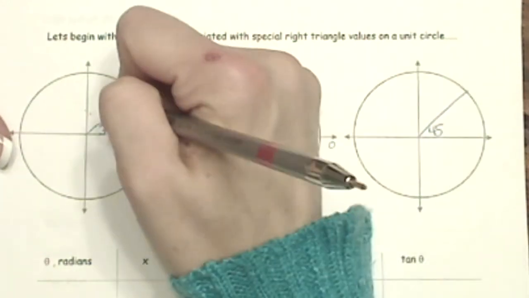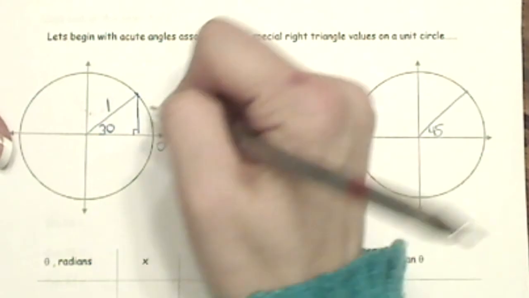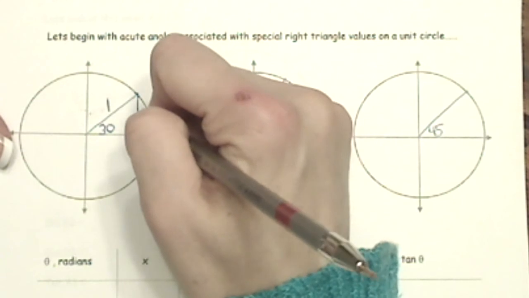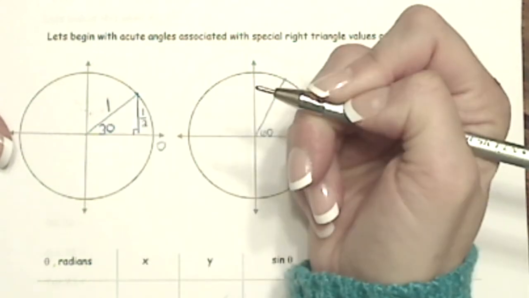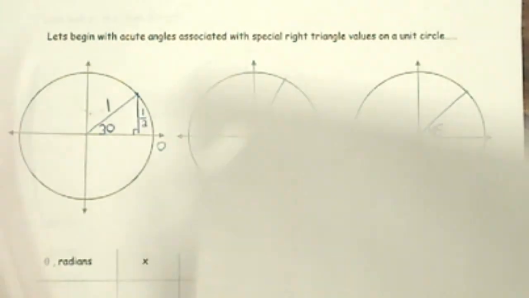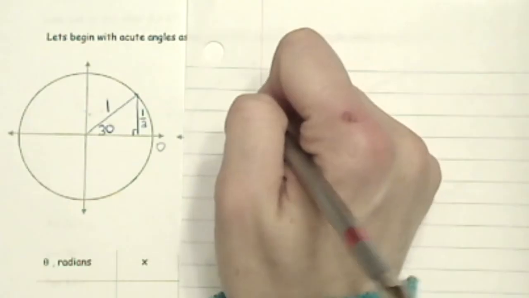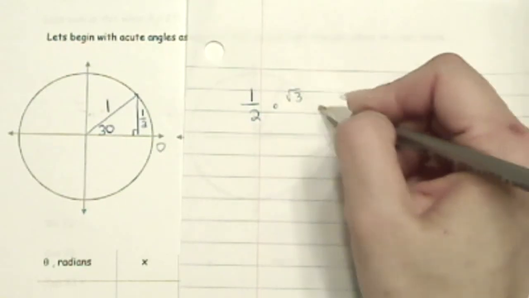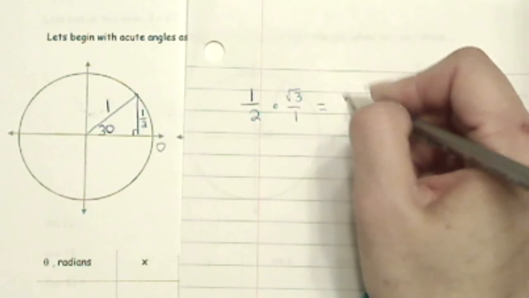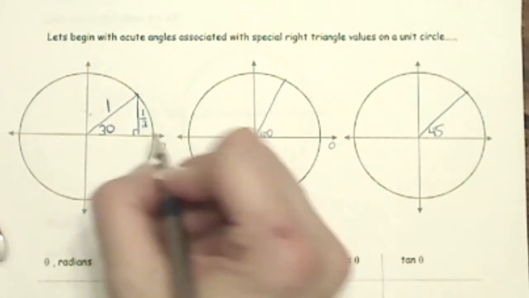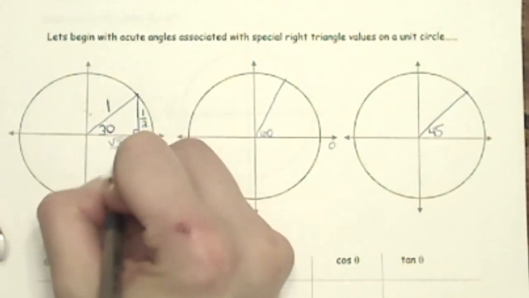Because we are on a unit circle, the radius is 1, which means the short leg is half of the hypotenuse, which is 1/2, and the long leg would be the length of the short leg times the square root of 3, which is going to be square root of 3 over 2. So that's the length of the long leg on this 30, 60, 90 triangle.